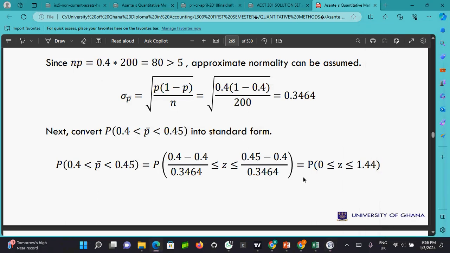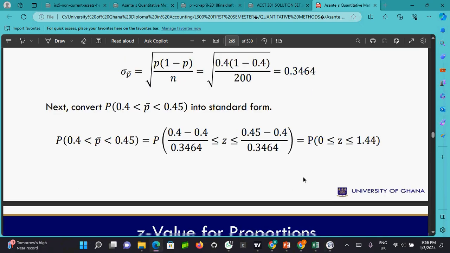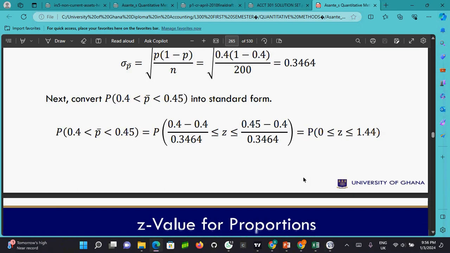So let's quickly solve this, then I give this as an assignment.